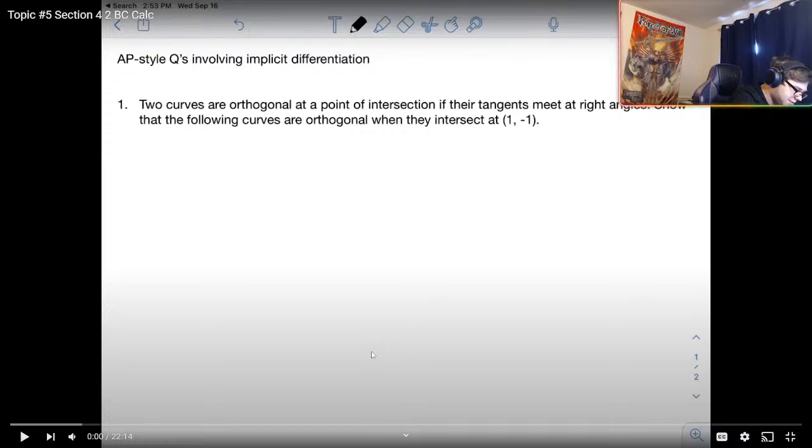Implicit differentiation. The first question goes: two curves. So it's most likely, what is it? No, wait, it's two curves. It can't be a function. I've never heard that word: orthogonal.